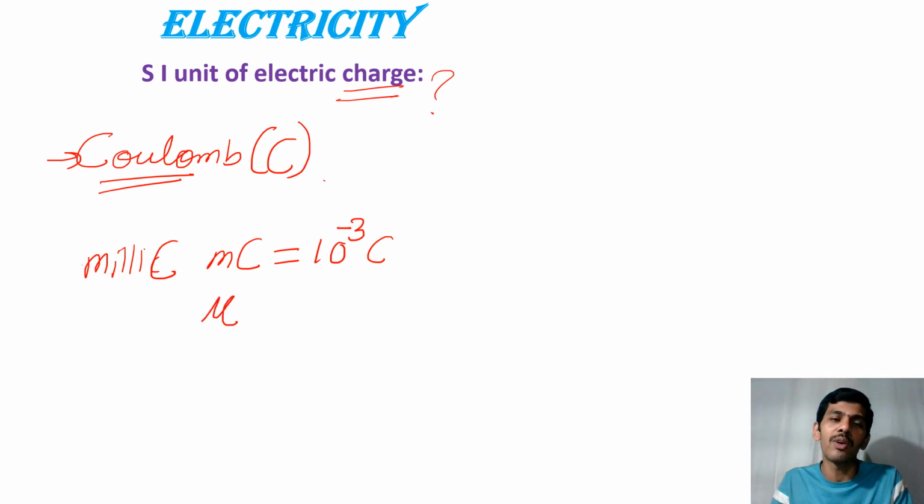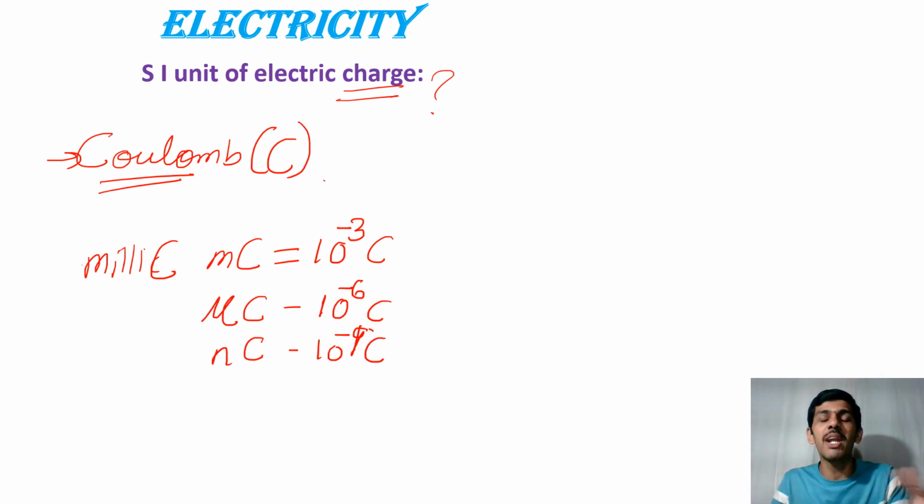Similarly, there is microcoulomb. Micro, as we have already studied, is 10 to the power minus 6 of a coulomb. Sometimes nanocoulomb is also used, which is 10 to the power minus 9 of a coulomb. These are some of the prefixes we use, micro, nano, milli, etc., in order to represent the smaller units.